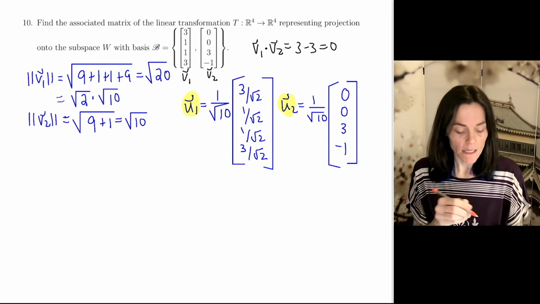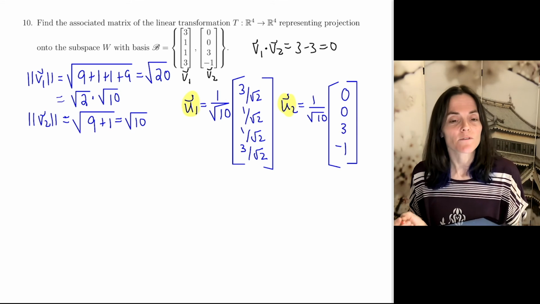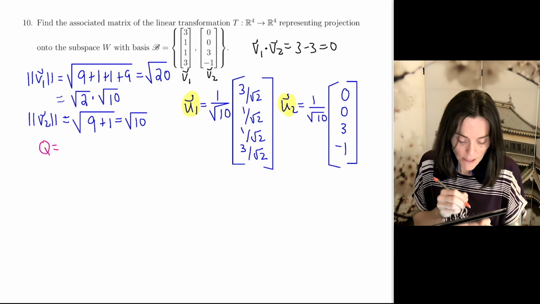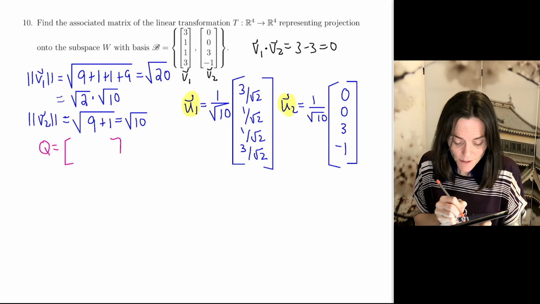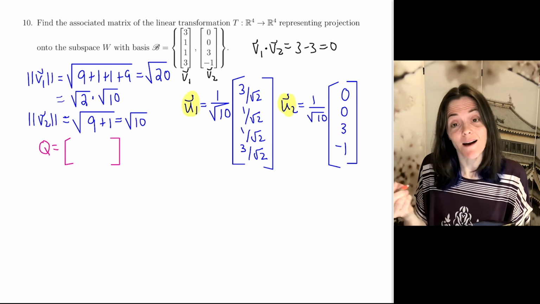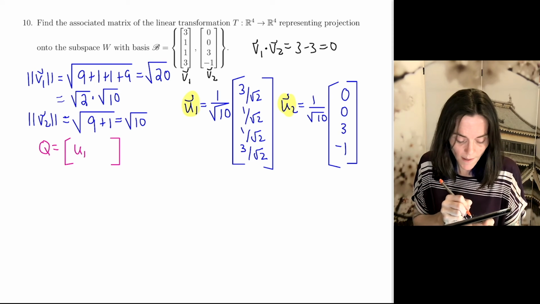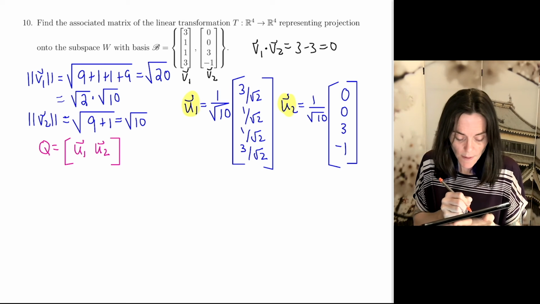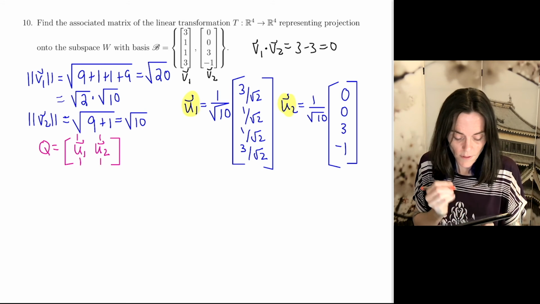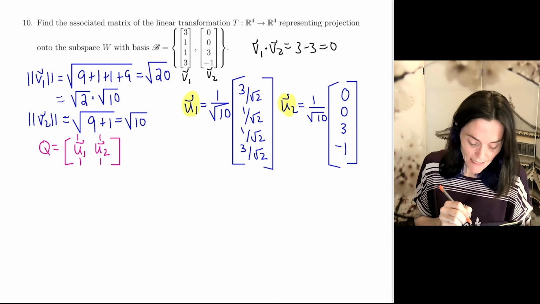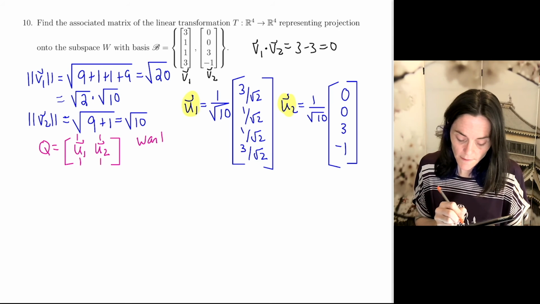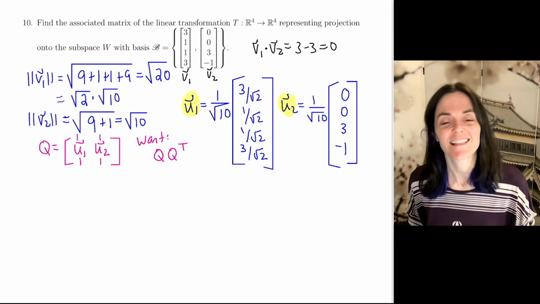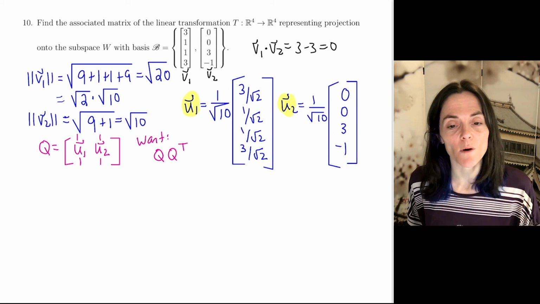But another way we can do it, and this really uses chapter 5, if I say let Q be the matrix where I put these vectors, this orthonormal basis, as columns. So this would be U1 and U2. Okay, this is my matrix Q. Then the matrix of projection, what I want here is Q Q transpose. This is what I'm looking for. So this is how I'm going to go about it.